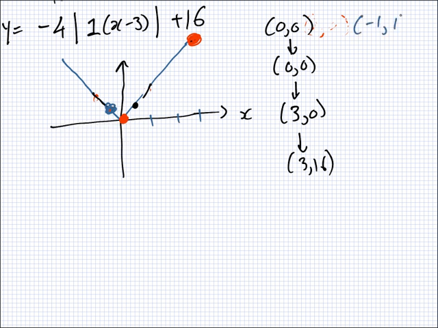-1, 1. That will become -1, -4. And that will become 2, -4, 2, 12. The point 1, 2 and 12 would be up here, wherever, okay?